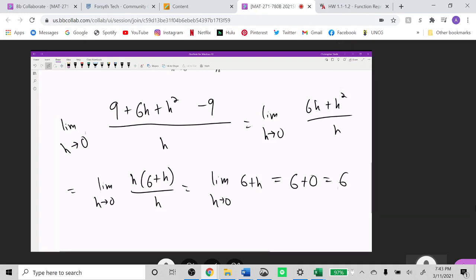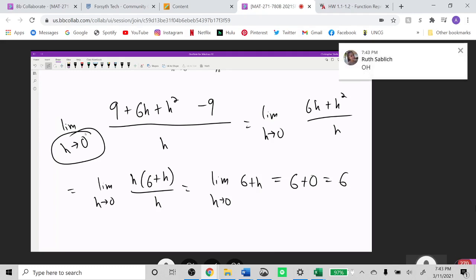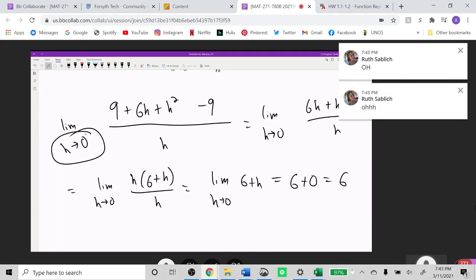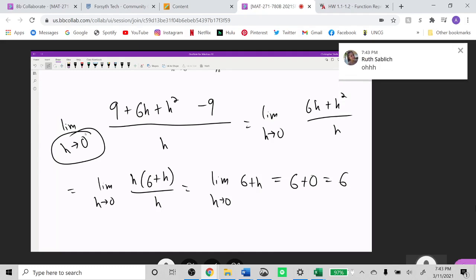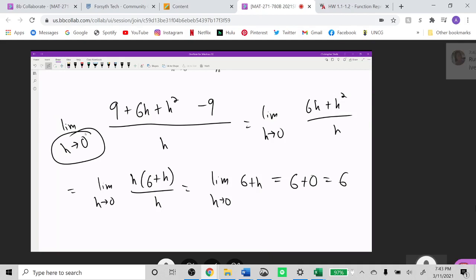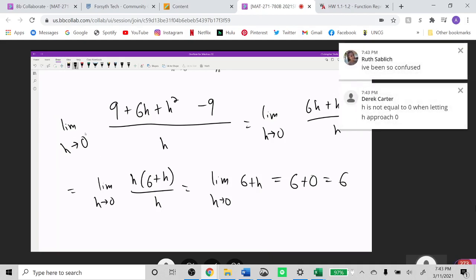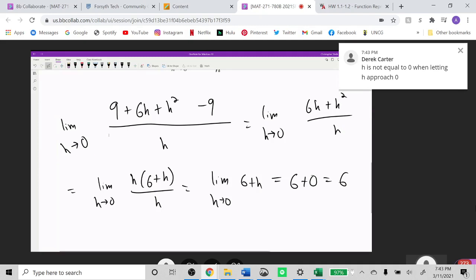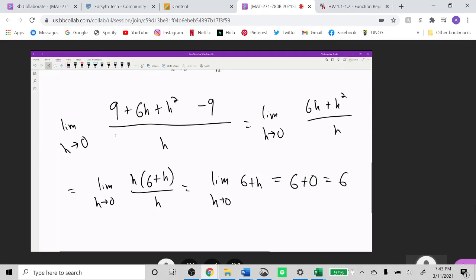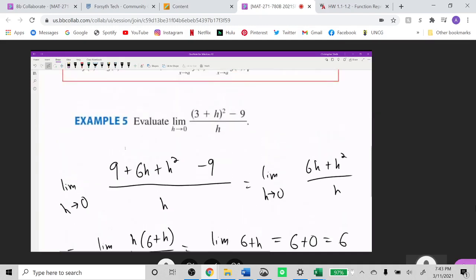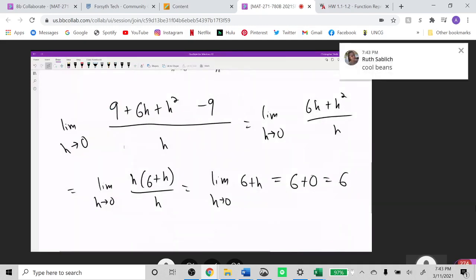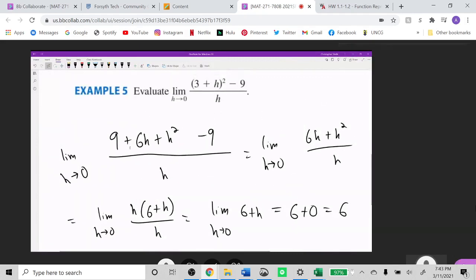You notice that you substitute in the value that the variable is approaching. Does that make sense? Yeah, we substitute in the value that the variable is approaching. How is h not equal to 0 and letting h approach 0?